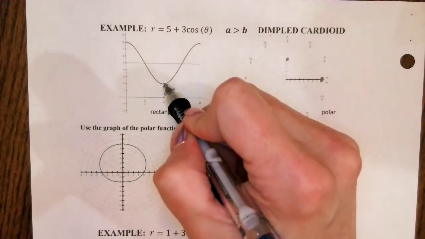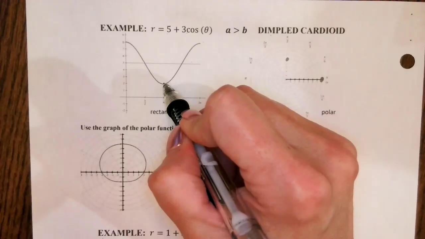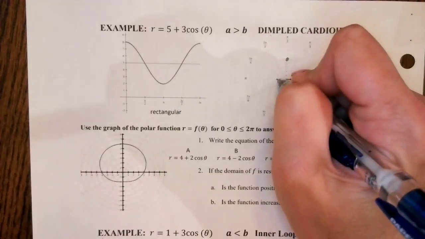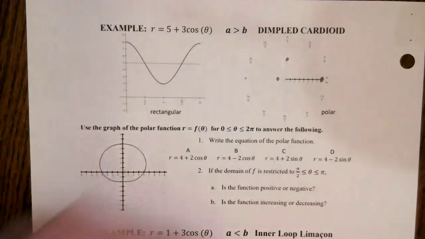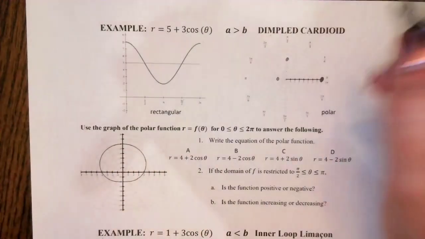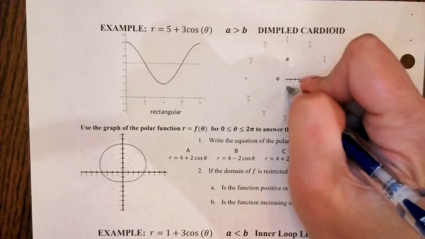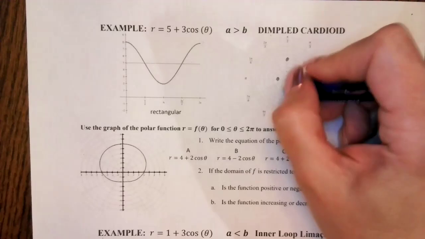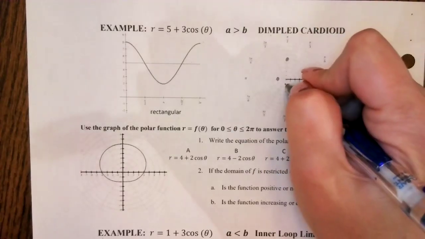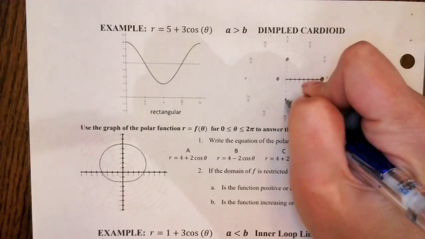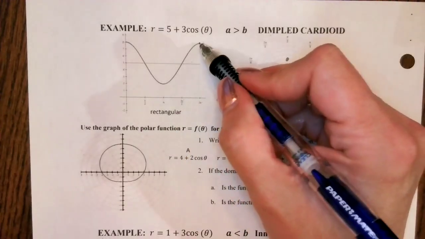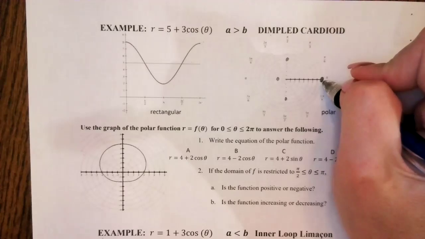At pi, I'm at my lowest point there, which is 2. At 3 pi over 2, I'm back at 3. Nope, sorry, at 5. And then at 2 pi, I'm back up at the 8, which would be right here.